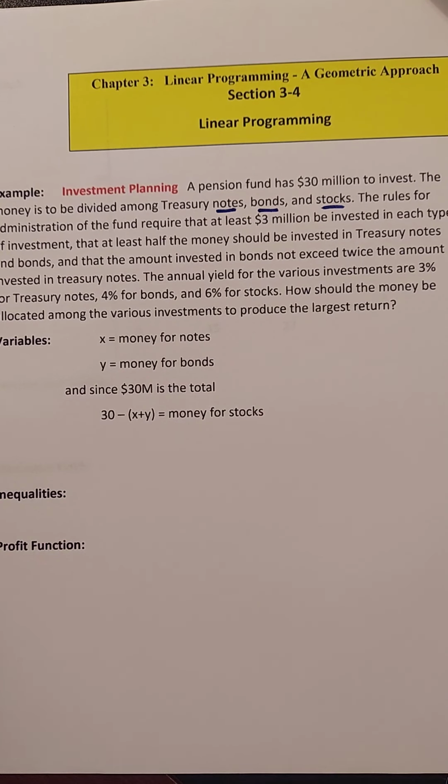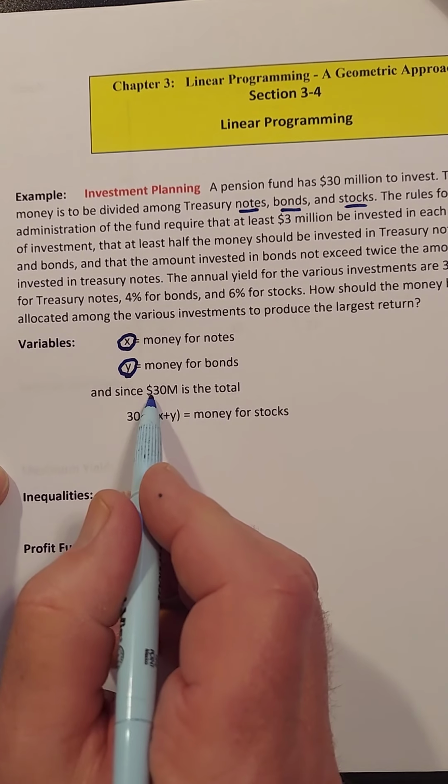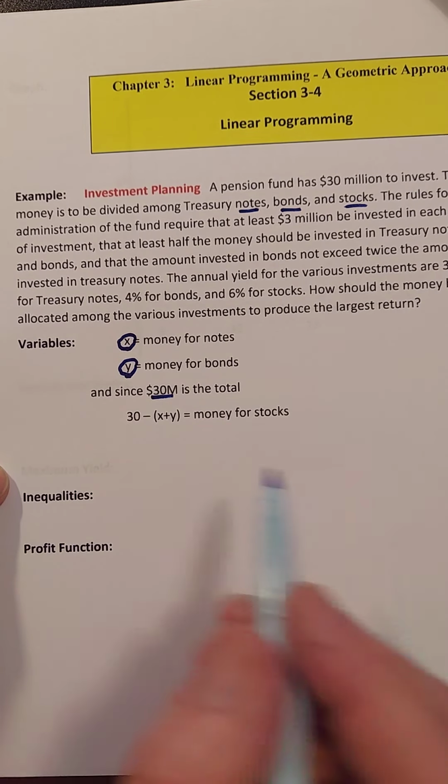But the problem with using 3 variables is this method doesn't work, this linear programming using a geometric approach, because we graph in 2 dimensions, not 3, so you cannot use Z. So what I did was I represented the money for stocks in terms of what I already had. So I've already used X amount of dollars here and Y amount of dollars there. And I had 30 million total. So if you take the 30 and subtract the amount I use here, this whole thing is going to represent the money for stocks.